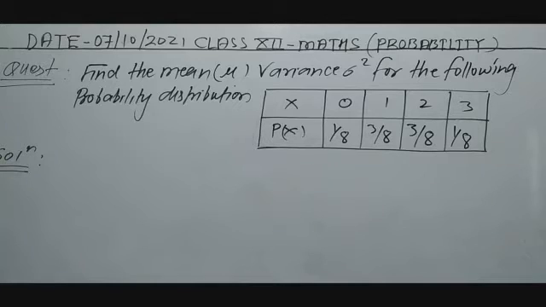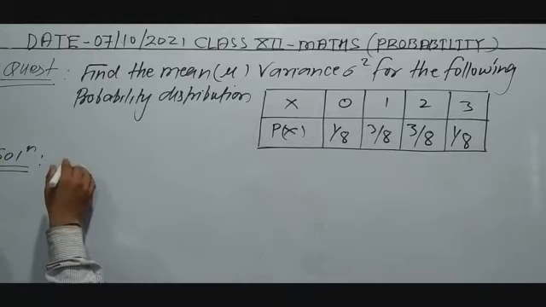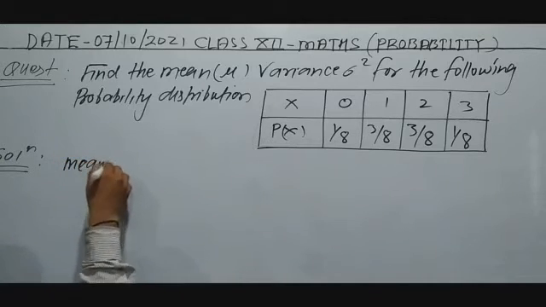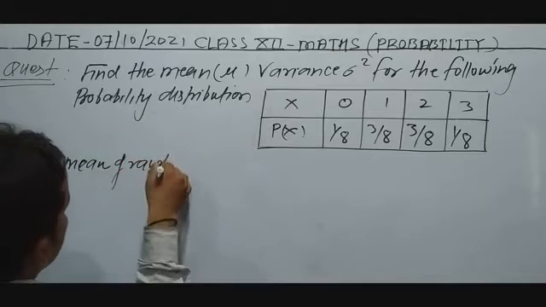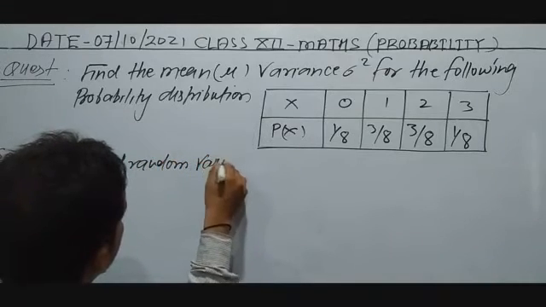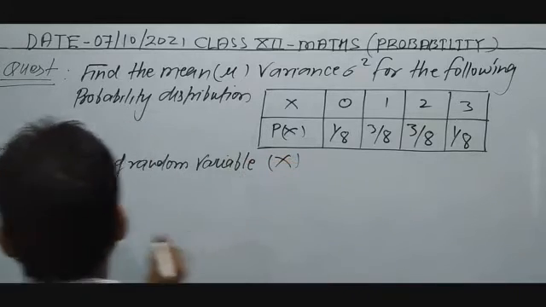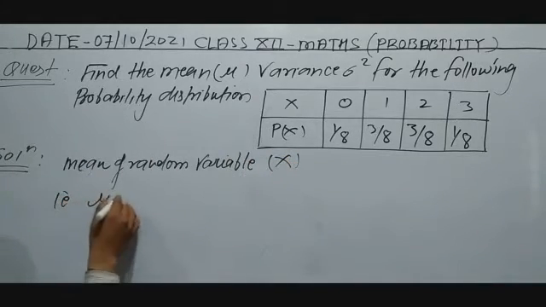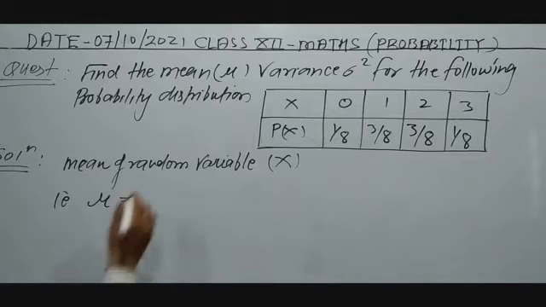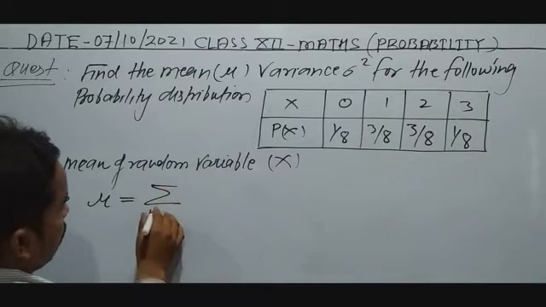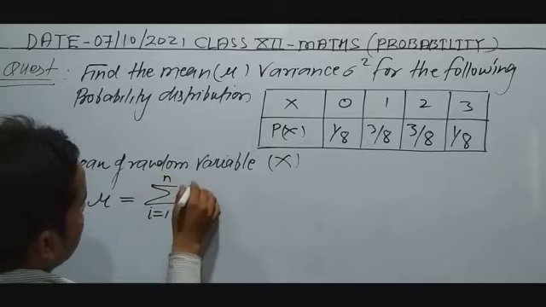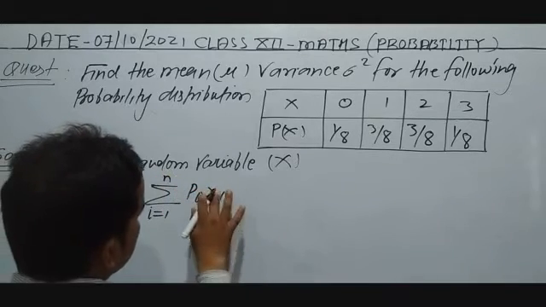Solution is: suppose you have a given probability distribution, and the mean of the random variable x is mu. Mu is equal to, you know the formula, sigma pi xi or xi pi, sigma i equal to 1 to n pi xi.